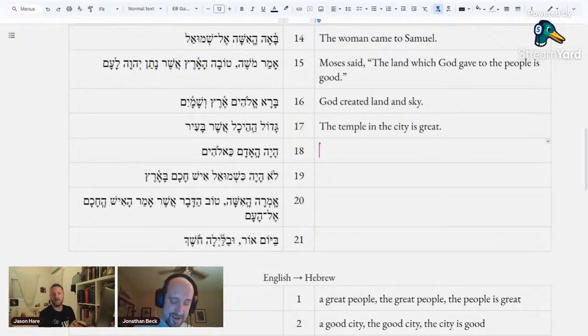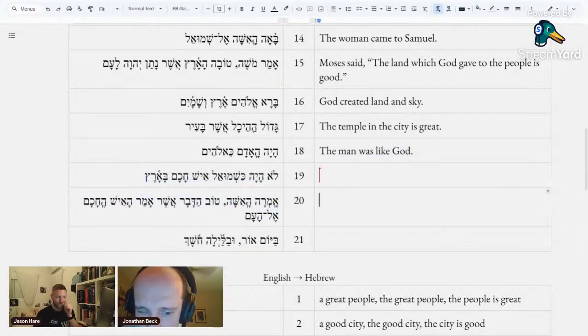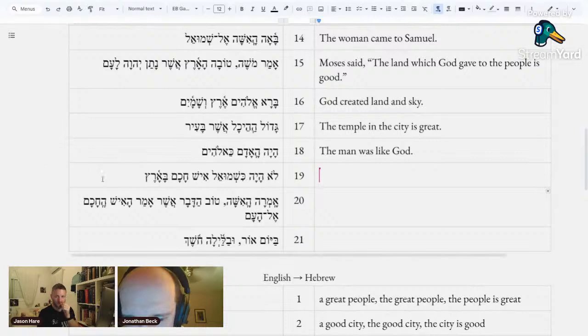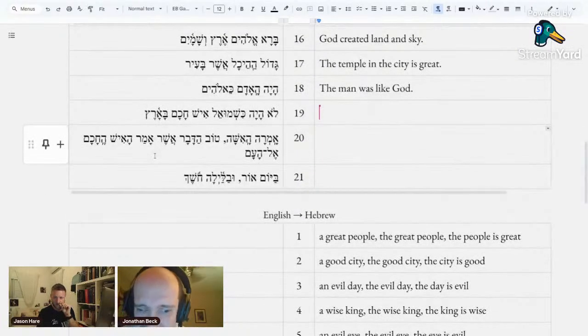All right. Haya ha'adam kelohim. Kelohim, like God. In this case, probably we would translate haya as he became. The man became like God. But it literally says the man was like God. Right? So, Lo haya kishmuel ish hacham ba'aretz.